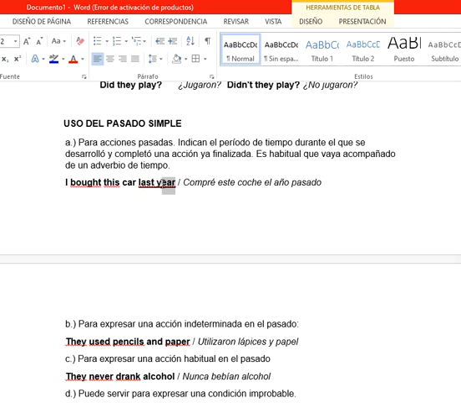Last year is telling us that I bought this car, but not today, not yesterday, but last year. We're specifying the time. The second one, or letter B, is quite the same, but in this case, we are not specifying the time this action happened.